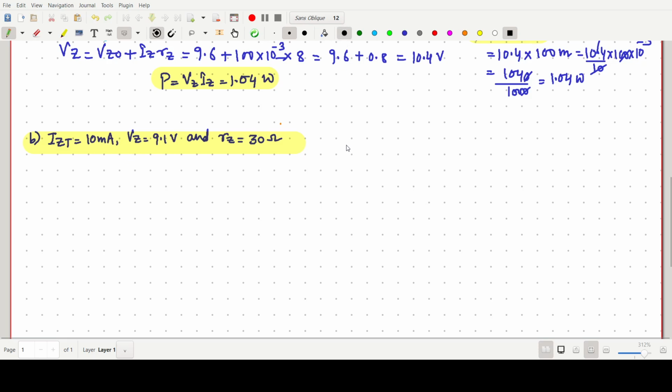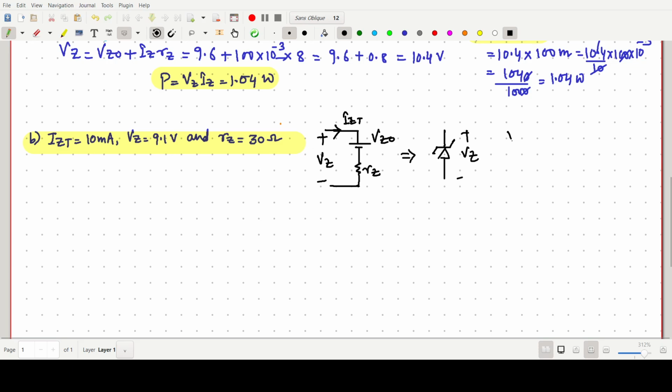Again, we can directly use the formula, or once again I am just writing the equivalent circuit: plus or minus VZ naught, RZ, IZT.